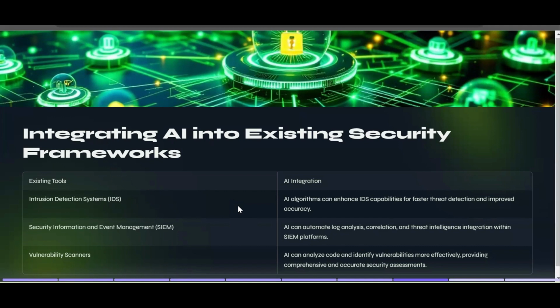What are these tool sets? Number one, intrusion detection system or intrusion prevention system, IPS or IDS. And we are talking about firewalls here, right? Next generation firewalls. Number two, SIEMs, security information and event management. Number three, vulnerability scanners.